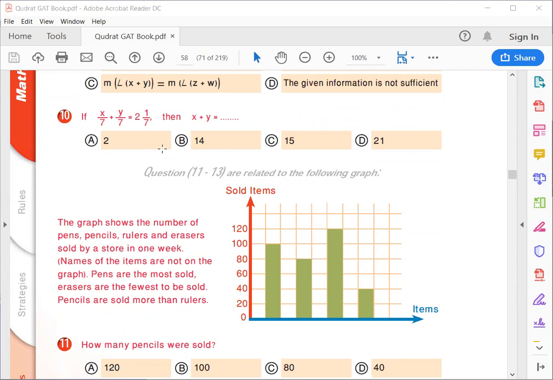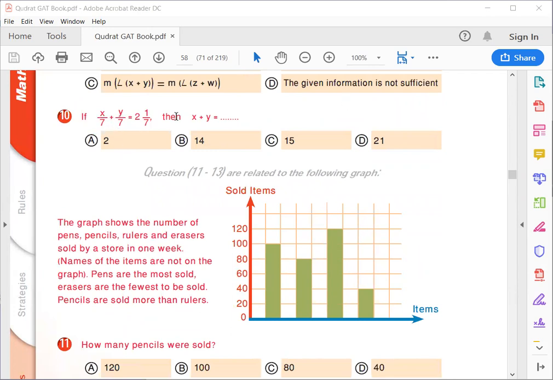How do I find it? You only add. But be careful, please. When you add, you know the denominator is the same. Okay? So that is the same, right?